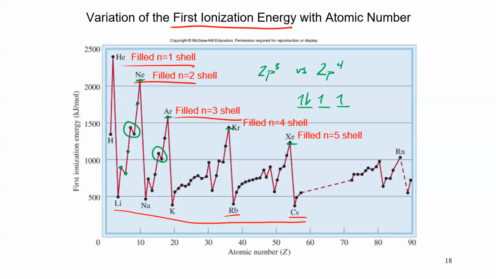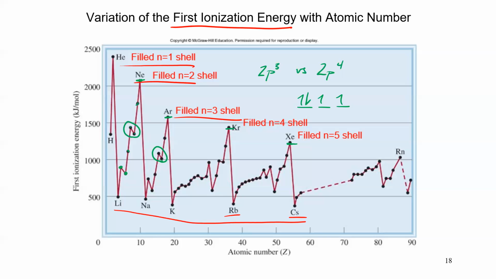And so two things are going on here. One, we talked Monday about how having a half-filled subshell is more stable. So first off, the 2p3 configuration is more stable than 2p4. The second is, remember that electrons are negatively charged. The whole reason Hund's rule exists is because two negative charges don't want to be next to each other if they don't have to.